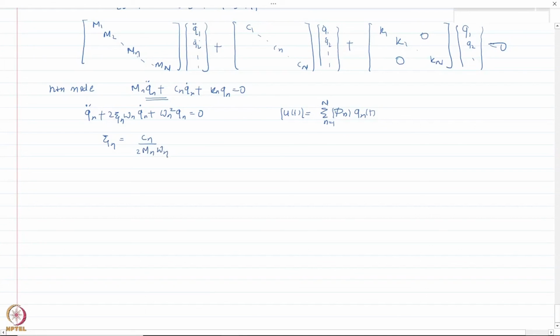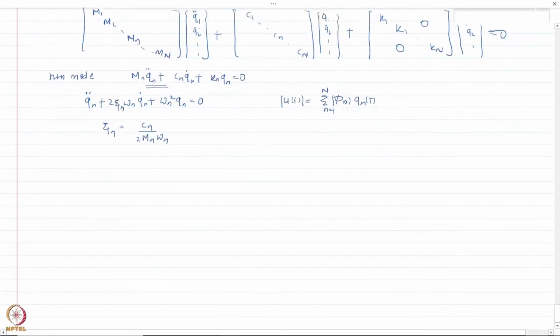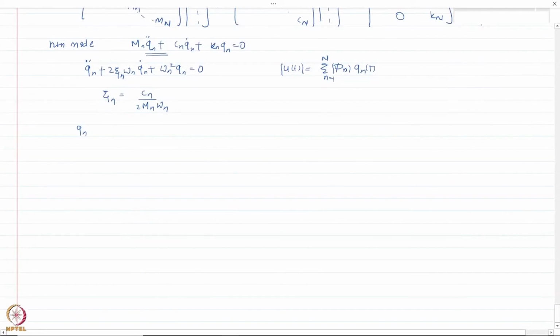And my qn of t can be written as e to the power minus zeta n omega n times t, times qn 0 cosine omega n d t, plus qn dot 0 plus zeta n omega n qn 0 divided by omega n d times sine omega n d t.